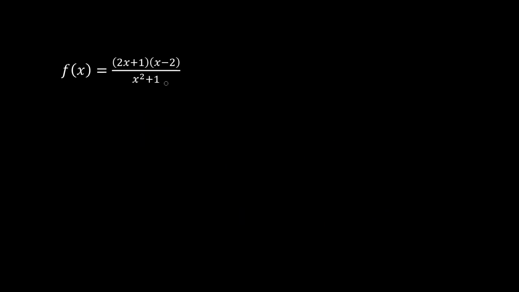We solve this rational expression by setting f of x, y, equal to 0. We have the numerator 2x plus 1 times x minus 2, and we multiply both sides by the denominator, so this denominator disappears, leaving only this part here. Anything times 0 is just 0. What times what is 0?